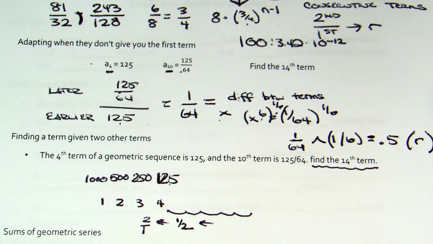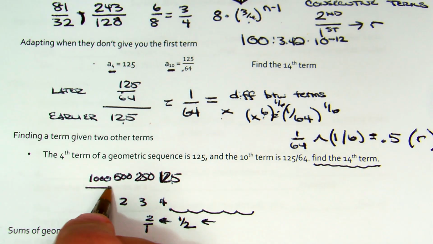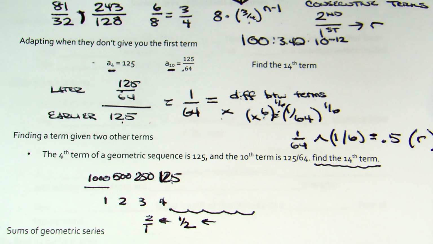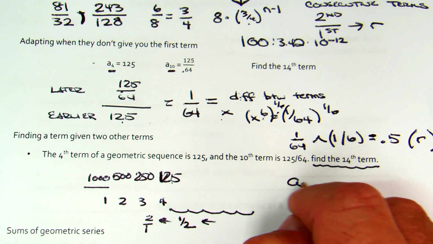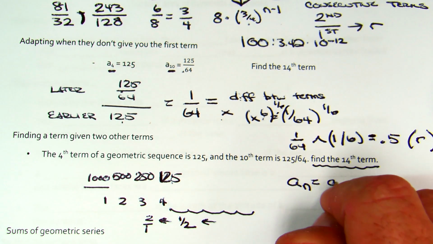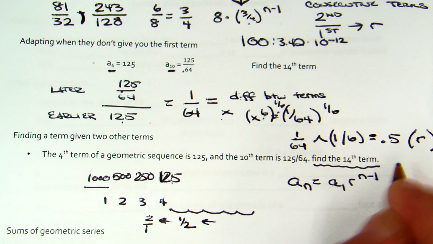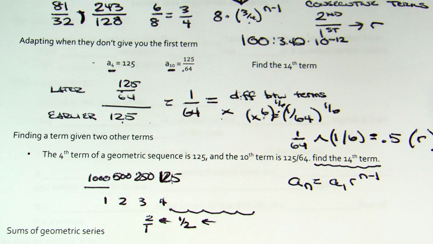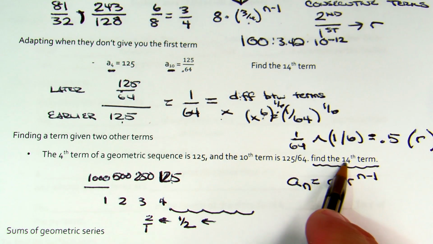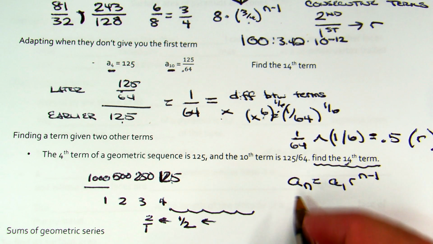What's a to the 1 according to simple mathematical computations? 1,000. So again, if I want a to the n equals a to the 1, r to the n minus 1, what term are they asking for? 14.